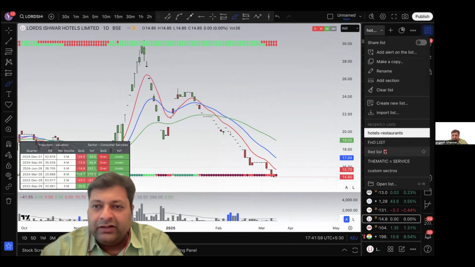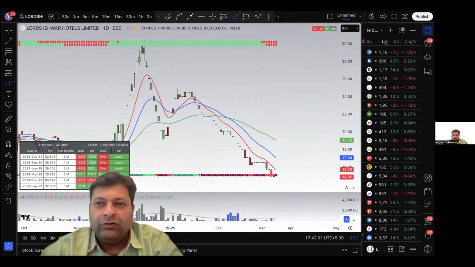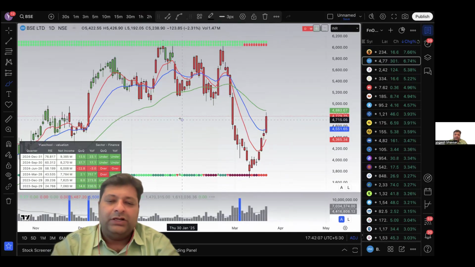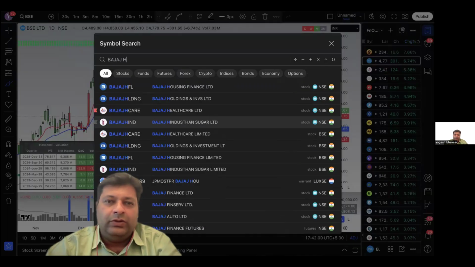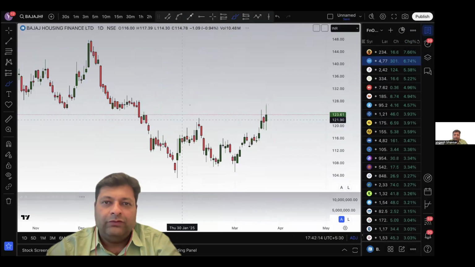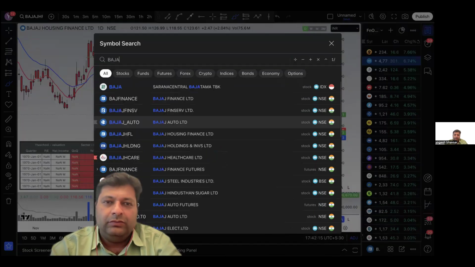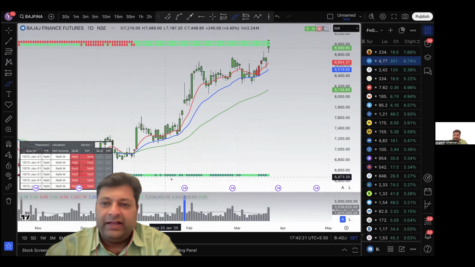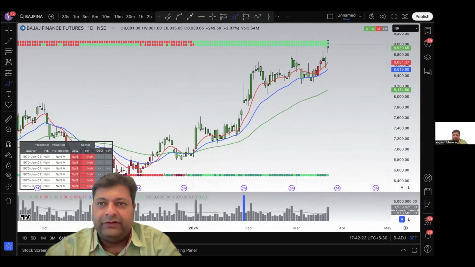Or maybe let's take a stock from the FNO, so it has a lot of data behind it, let's say Bajaj Finance. Yes, let us take this example.